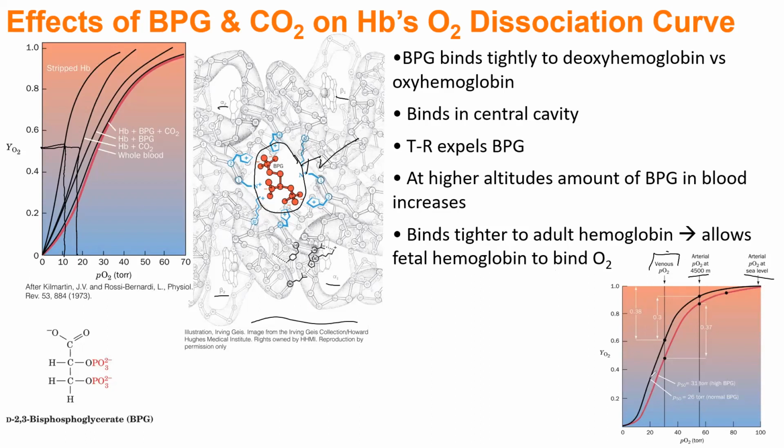And the black line is the normal amount of BPG you have in your body. And the red line is if you have high levels of BPG. So we're focusing on the black line and we're focusing at sea level. So in your arteries to your veins, the amount of hemoglobin that's bound to oxygen changes by roughly 38%.